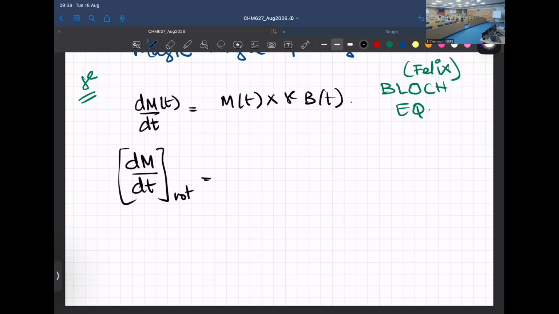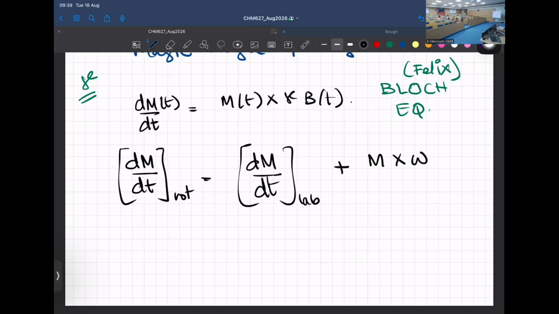But let's assume the angular frequency of such a frame of reference is omega. We choose omega such that we are in a frame of reference which keeps moving as a function of time with respect to the lab frame. So therefore, what is going to happen? dM over dt in the lab frame, in addition to that, you are going to have the magnetization that changes in the frame of reference you're trying to talk about.